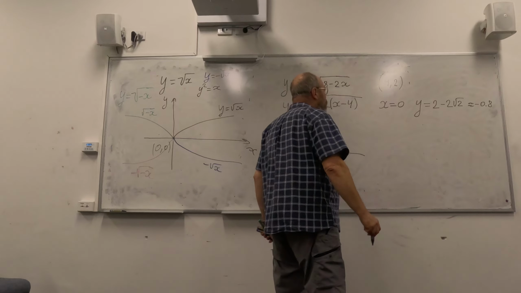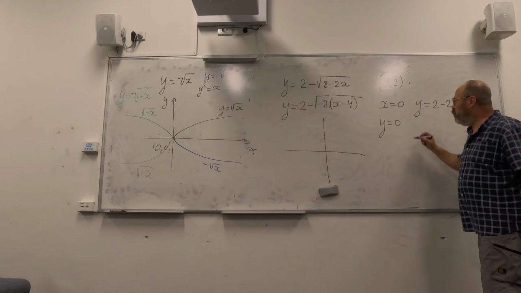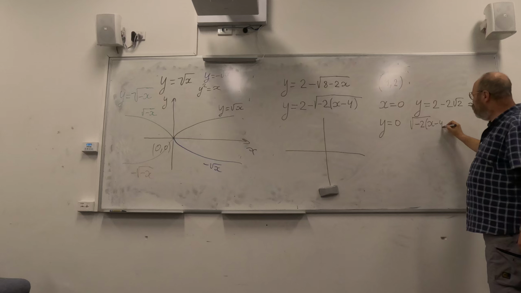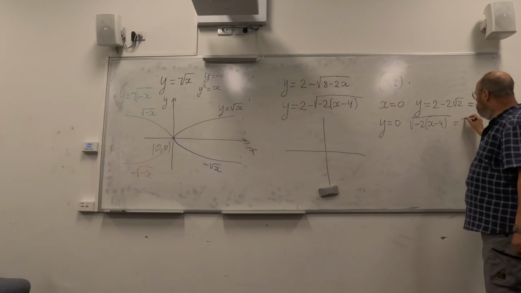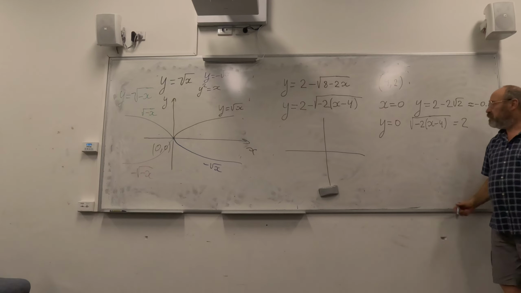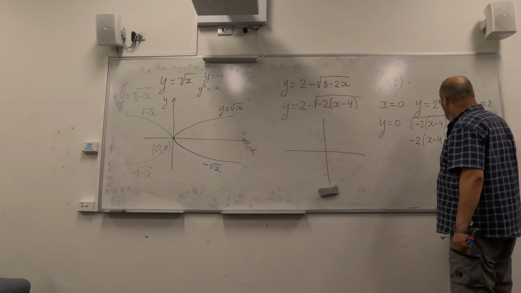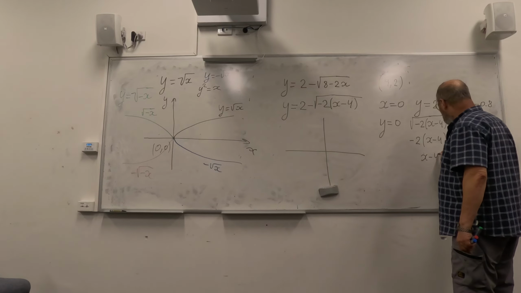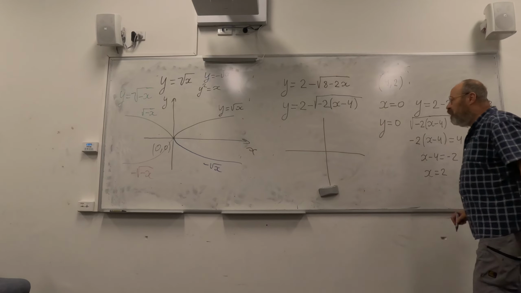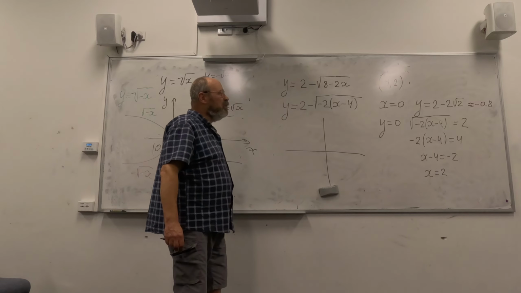Now, y equals 0, we get square root of negative 2(x minus 4) equals 2. Square both sides: negative 2(x minus 4) equals 4, x minus 4 equals negative 2, x equals 2. So we have all the important information.